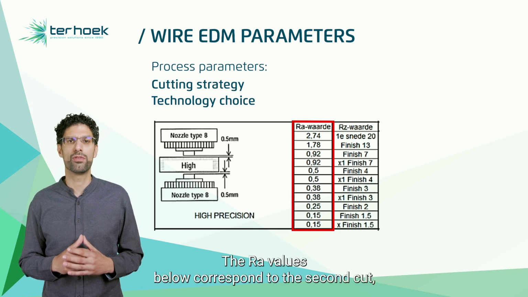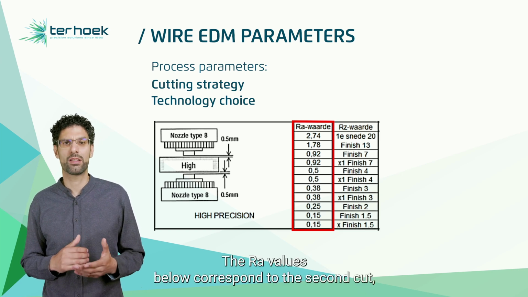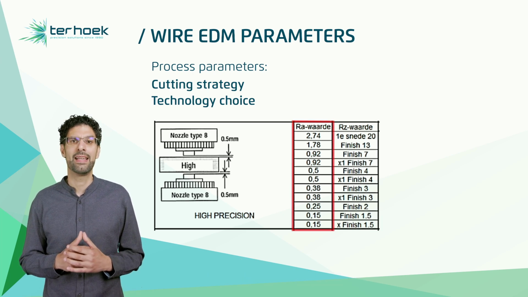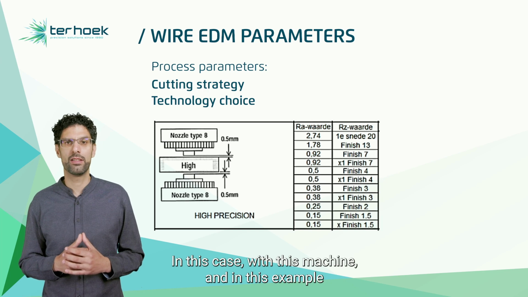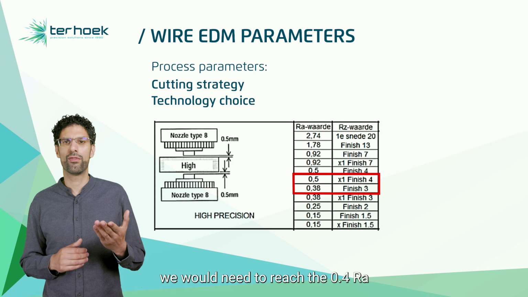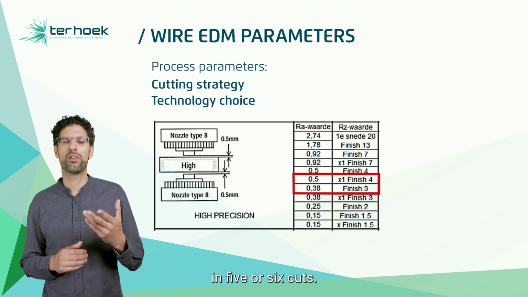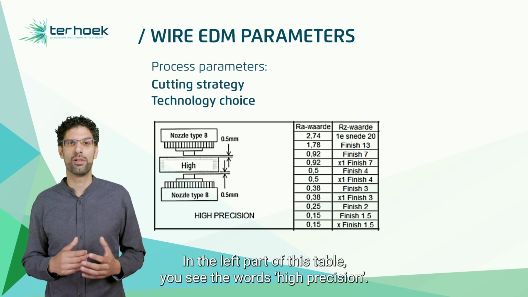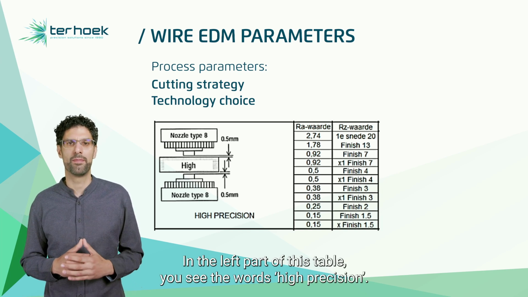The RA values below correspond to the second cut, the third cut, the fourth cut, and so on. In this case, with this machine and in this example, we would need to reach the 0.4 RA in 5 or 6 cuts.